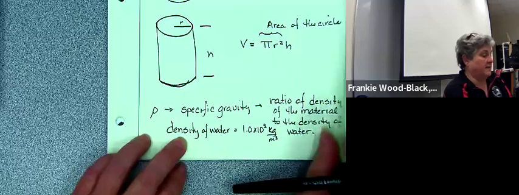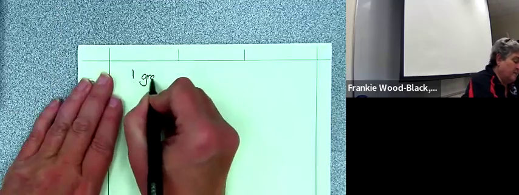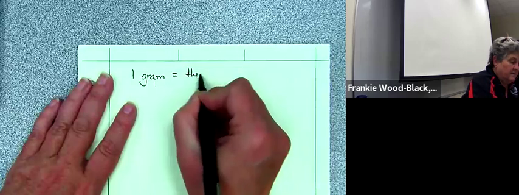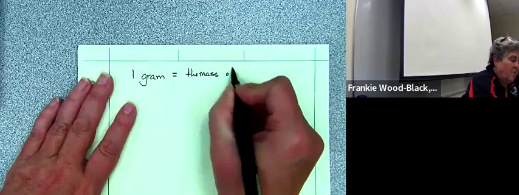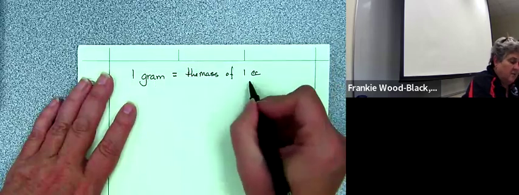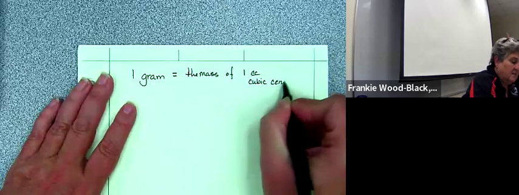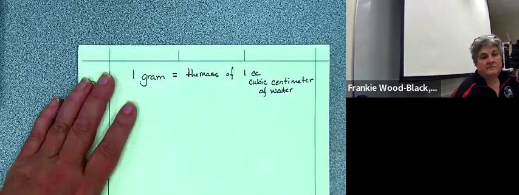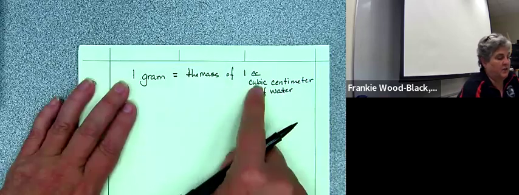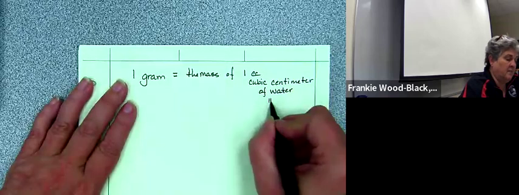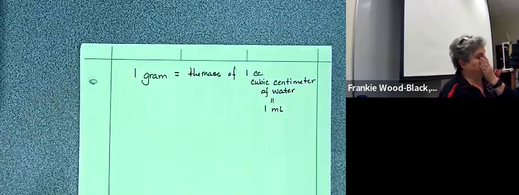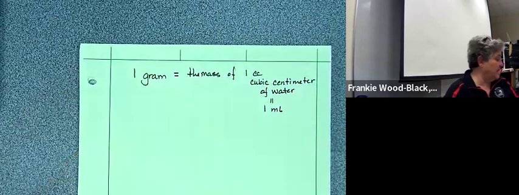And actually, we use water for a lot of things, because we define 1 gram is equal to the mass of 1 cubic centimeter of water. So 1 gram is the mass of 1 cubic centimeter of water, and 1 cubic centimeter is equal to 1 milliliter. So we use water to give us a lot of our defining types of items.